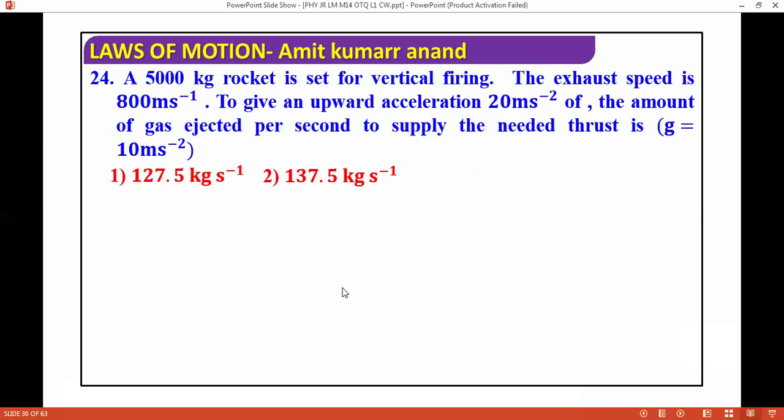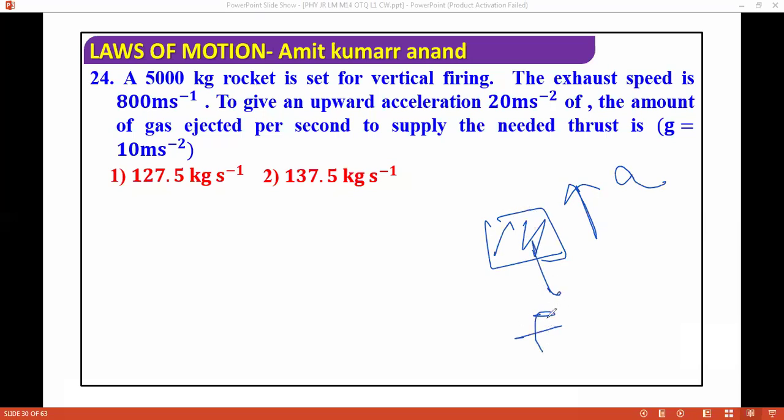A rocket is set for vertical firing. The exhaust speed is this, and the gas gives an upward acceleration of this. In this question, when the question gives you an upward acceleration, this is the force you are applying, and it gives an acceleration. The amount of gas ejected per second is the rate.